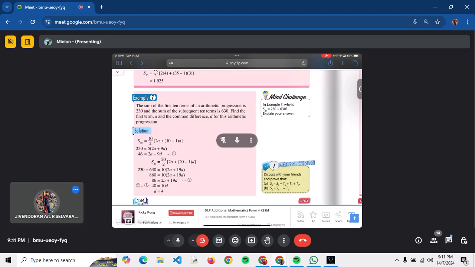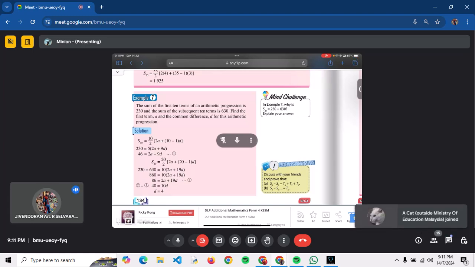And then expand the bracket and then try to make it into a simplified form. Okay, and then this will be your first equation. Since there's two unknowns, we will need to do simultaneous equations.